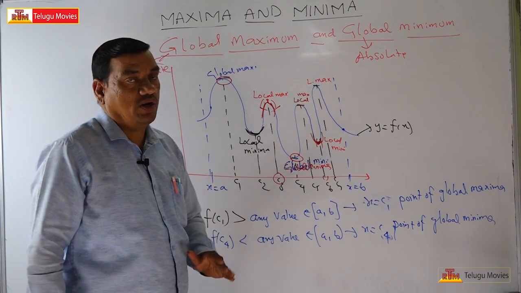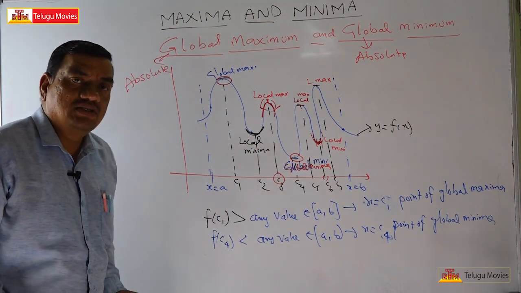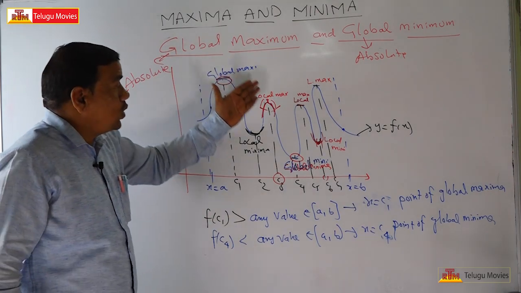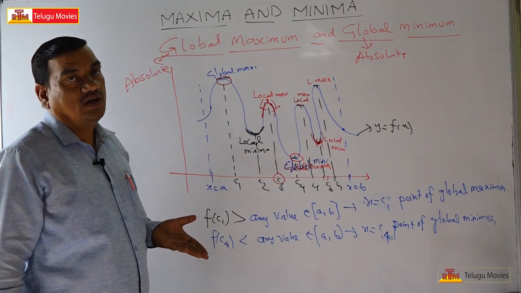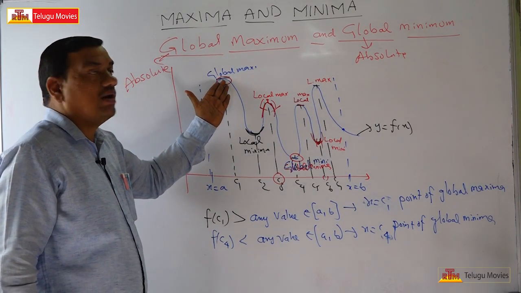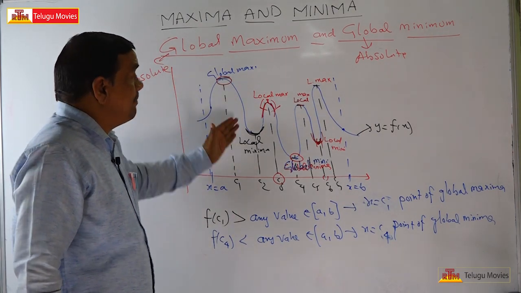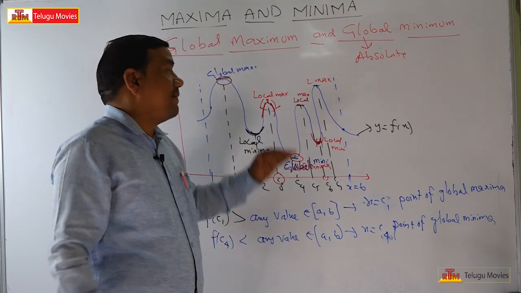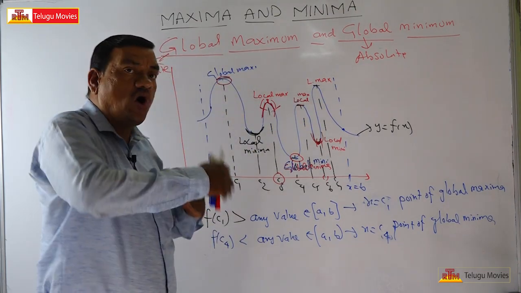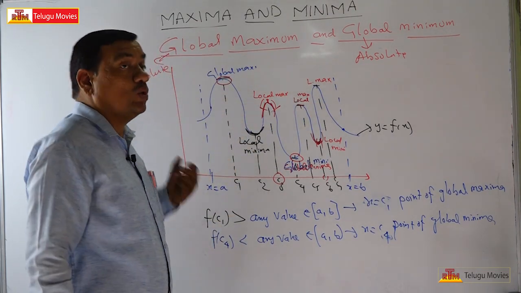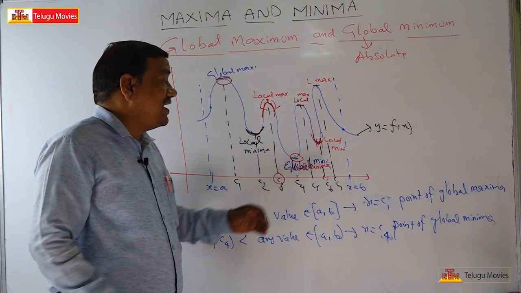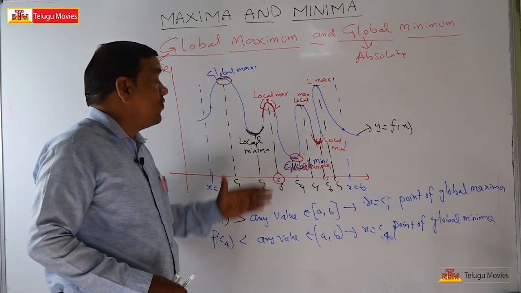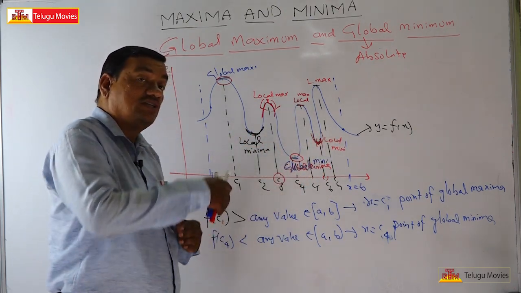Sometimes a local maxima may be the global maxima. We can also call this a local maxima, but it is the maximum of all the local maximas. That's why it is called global maxima. This is less than all the local minima, that's why it is called global minima.